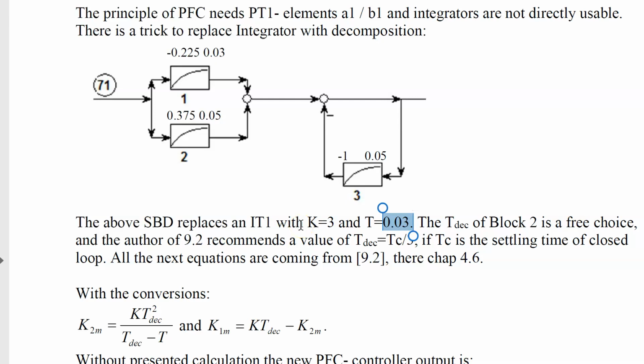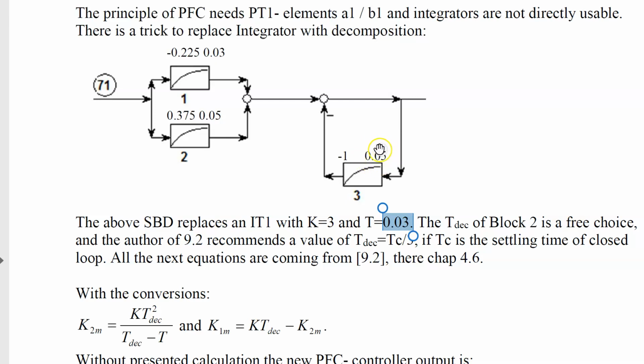So this is a way to convert an IT1 into 3 PT1s, and then we can apply 3 times the design of Mr. Richalet, and then put all these together, which gives the resulting term we will show in the next steps.